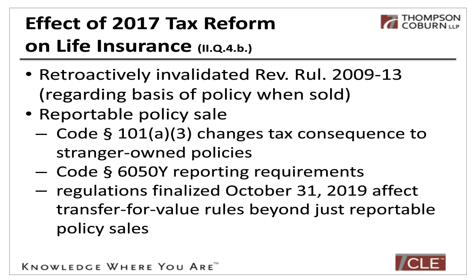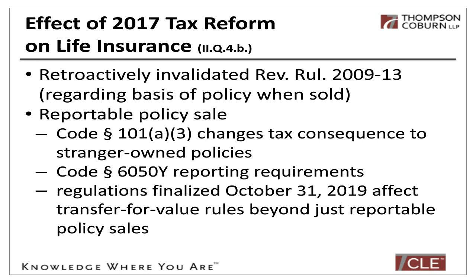And what that said is, all right, you had these transfer for value rules, and we had the exceptions: a transfer to a permitted transferee, or maybe it was a permitted transfer. So what the new reportable policy sale says is that if you have a transfer for value, then those two exceptions I mentioned will not protect you if the person who receives the policy is a stranger.